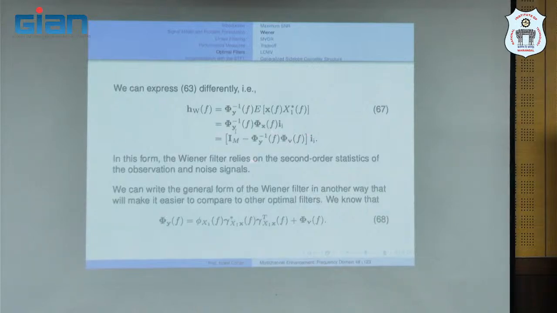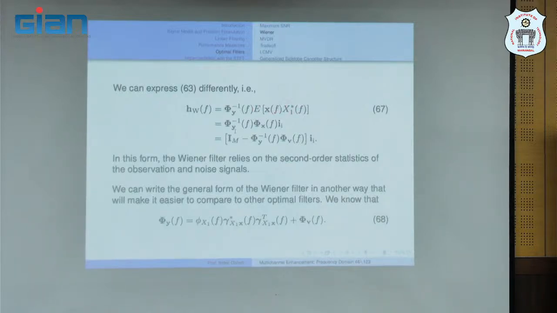So we can write also the Wiener filter like this. Okay? So if I give you a different expression, what did I do? Instead of phi x, you see this is very nice, right? It's a very nice way to write different expressions for the same filters using your model.